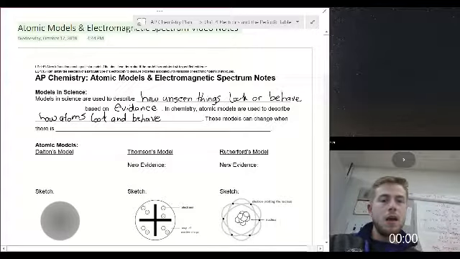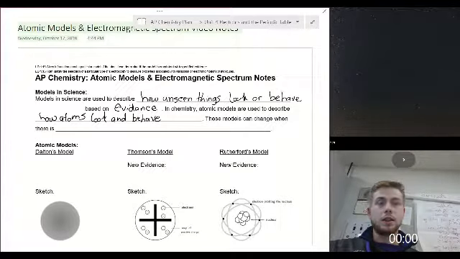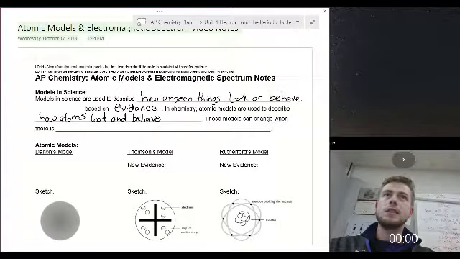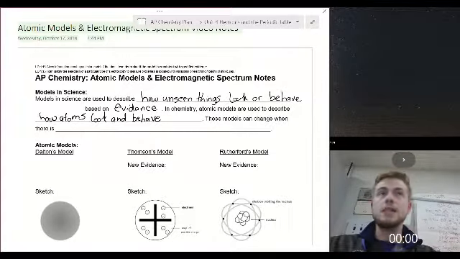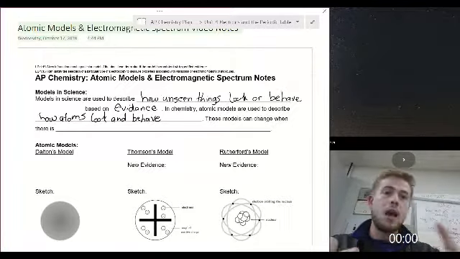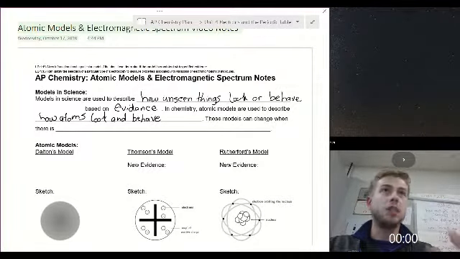Excellent. And what's really important about models in science is that they change. They change based on new evidence. Let's say we have a model of something, we think it looks like this, and we do an experiment, and we get either new data or evidence that contradicts our previous model. We need to change it.